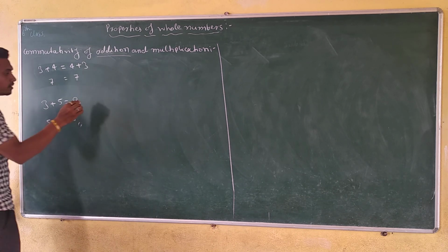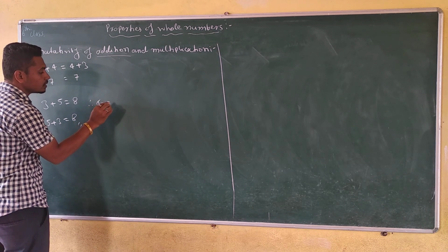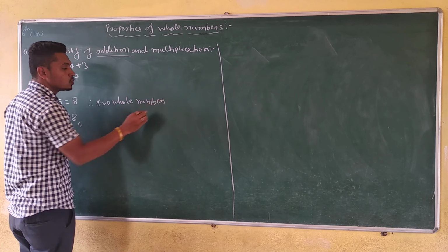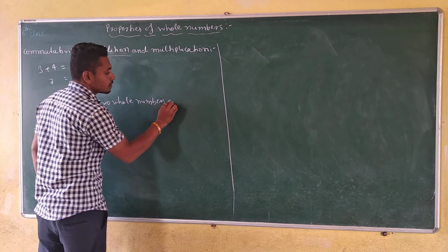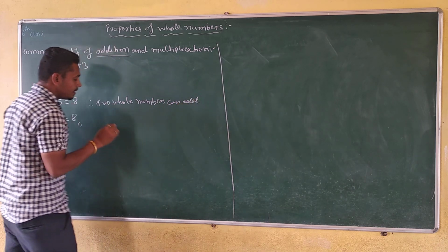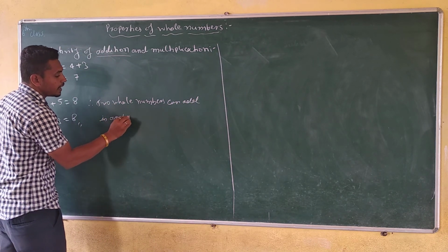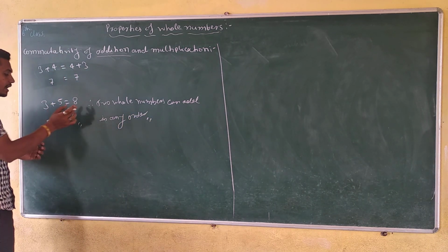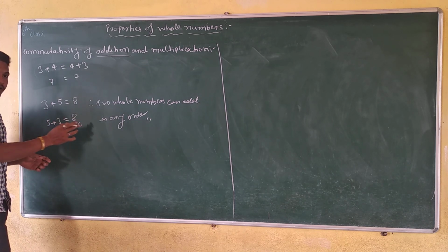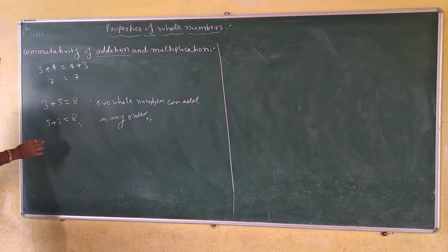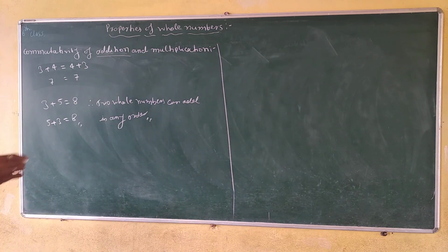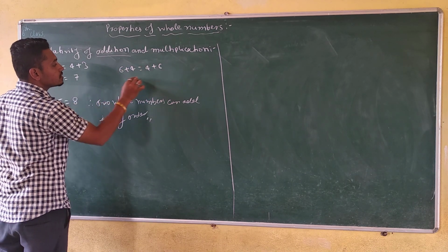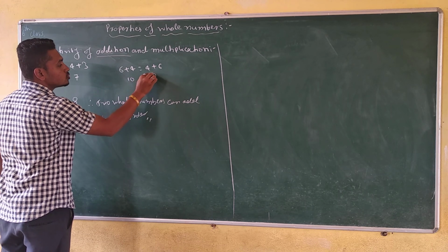So it concludes that two whole numbers can be added in any order. Take another example, 6 plus 4 is equal to 4 plus 6, here 10 is equal to 10.